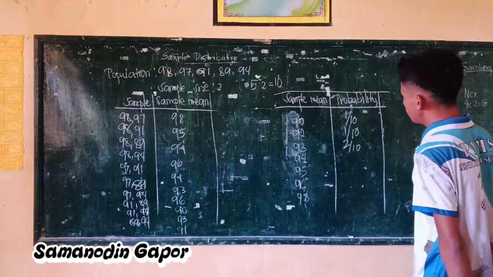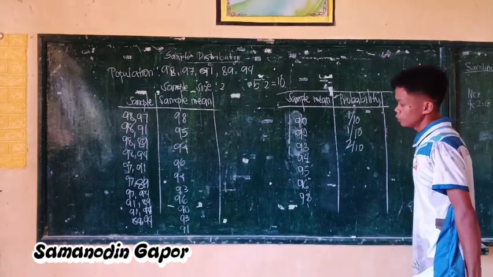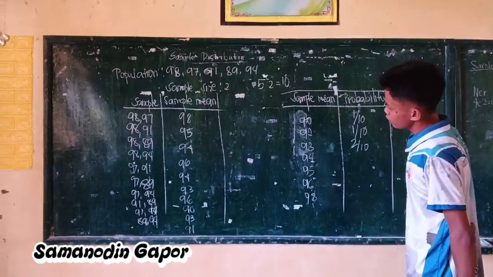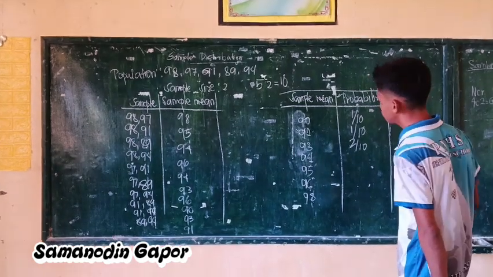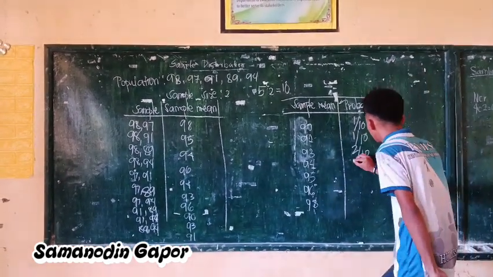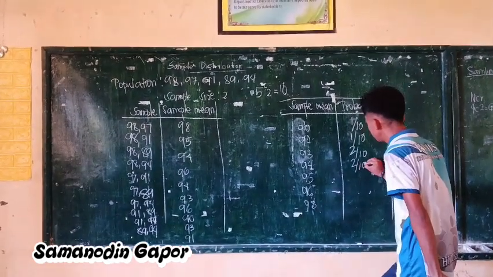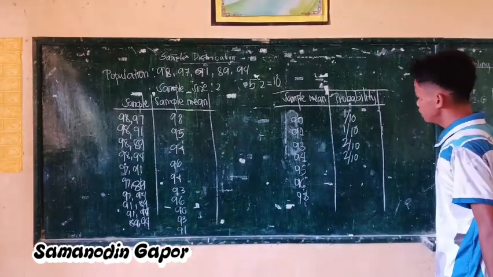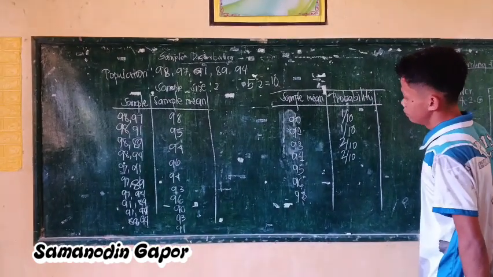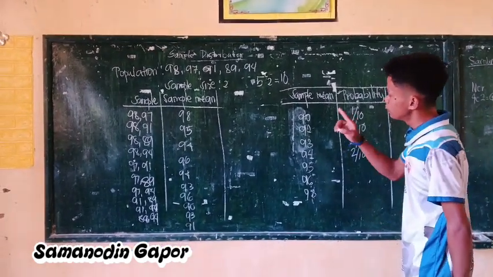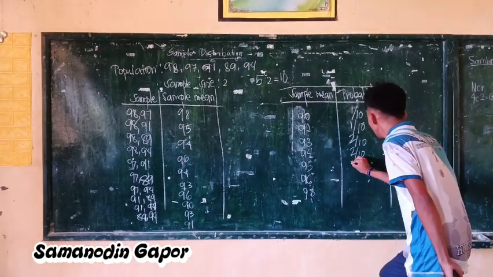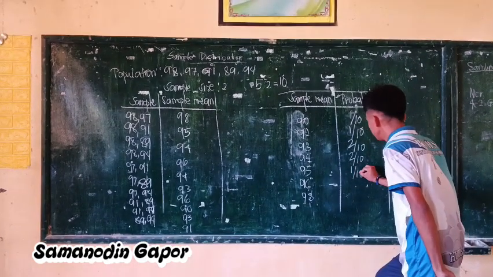The number 4 is 94, which occurs twice, so 2 over 10. The number 5 is 95, so we have 1 over 10.